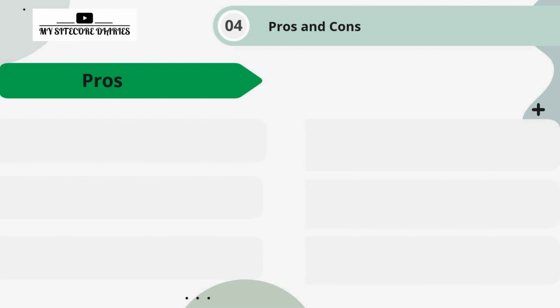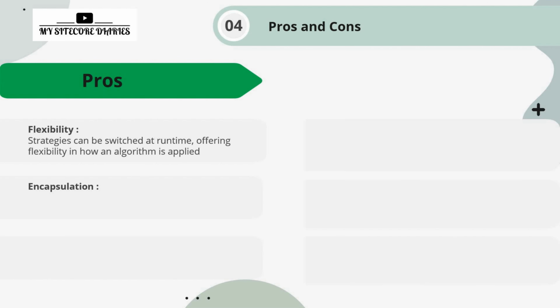Pros and cons. Pros. Flexibility. Strategies can be switched at runtime, offering flexibility in how an algorithm is applied. So you can switch the algorithm at runtime. Encapsulation. Each strategy encapsulates a specific algorithm, promoting cleaner and more maintainable code. So all the strategies are encapsulated with a specific algorithm.